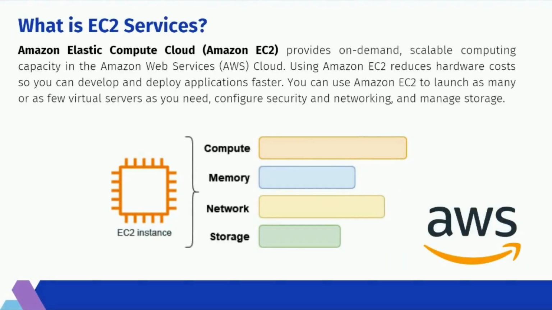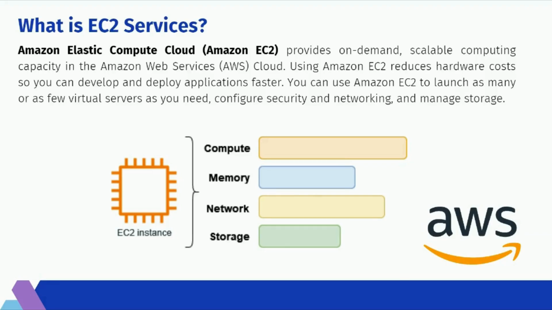So now I will discuss what is EC2 services. EC2 stands for Amazon Elastic Compute Cloud. Amazon EC2 provides on-demand scalable computing capacity in the Amazon Web Services, or AWS Cloud. Using Amazon EC2 reduces hardware costs so you can develop and deploy applications faster.